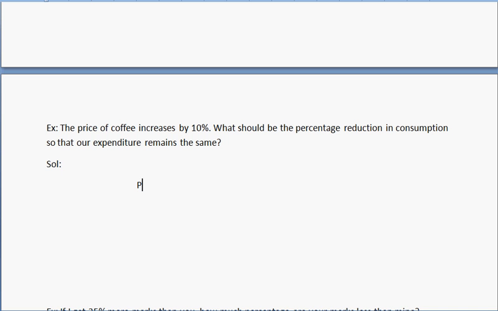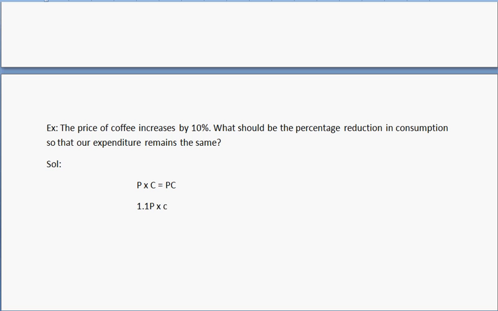Let the initial price be P per kg, and initially he consumes C kg of coffee, which means total expenditure is PC. Now the new price is 10% higher than P, which means the new price is 1.1 P. Now what should be the new consumption?